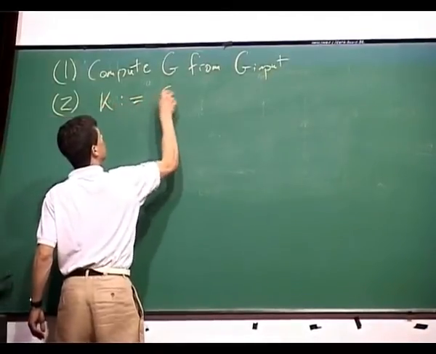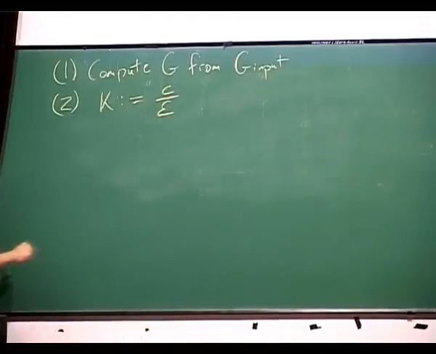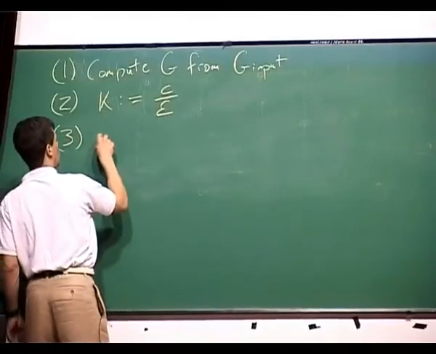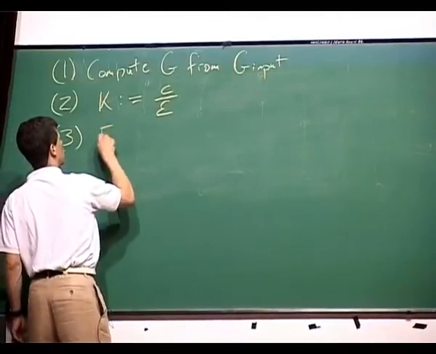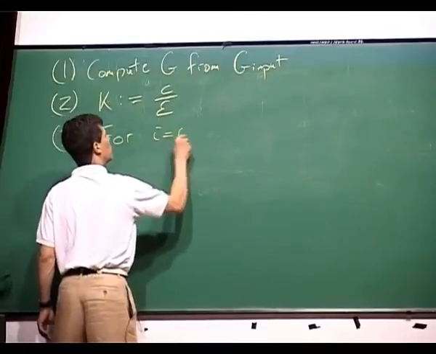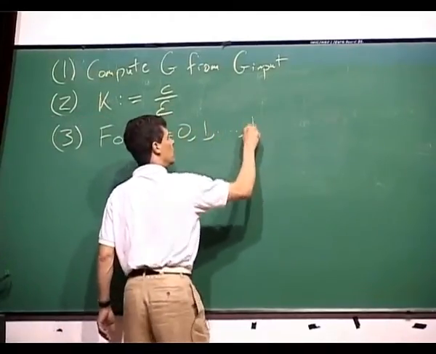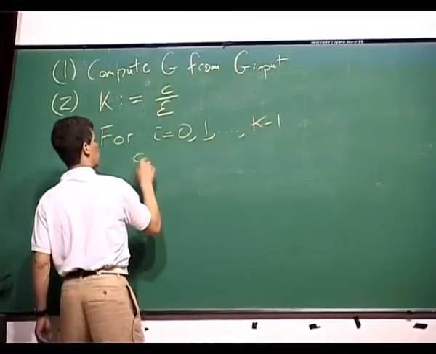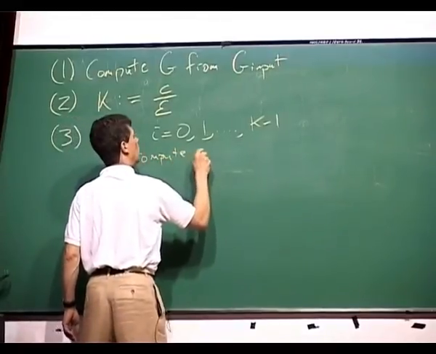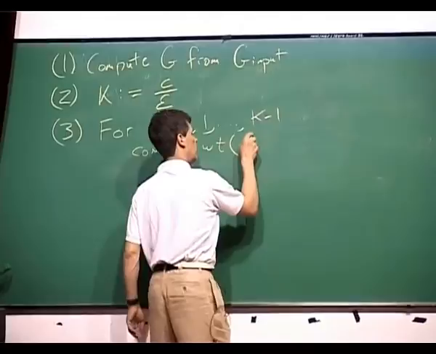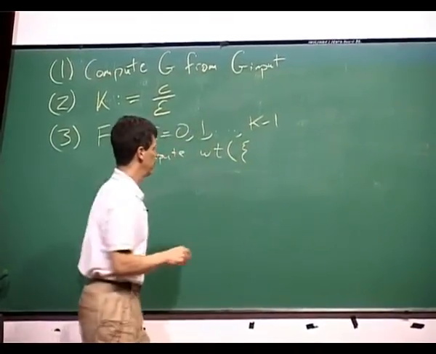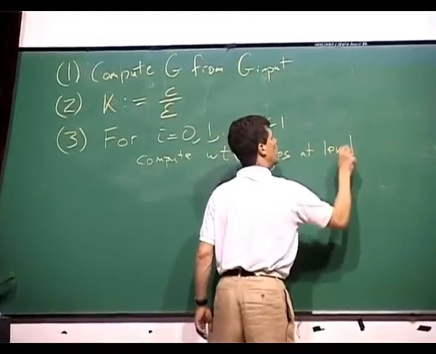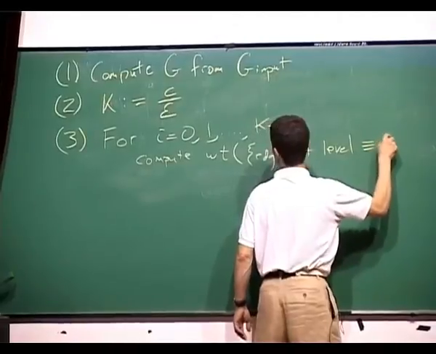Set k to be C over epsilon. For i equals 0, 1, up to k minus 1, compute the weight of the set of edges at level congruent to i.